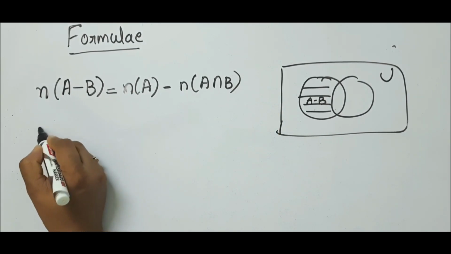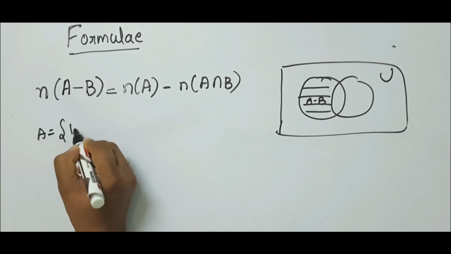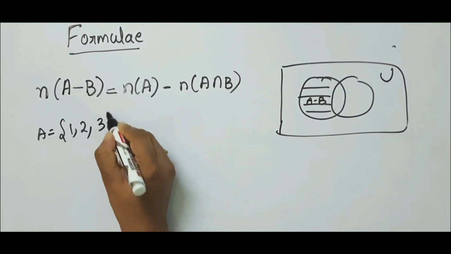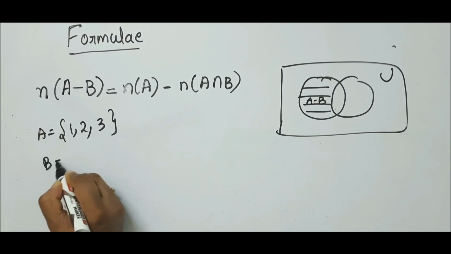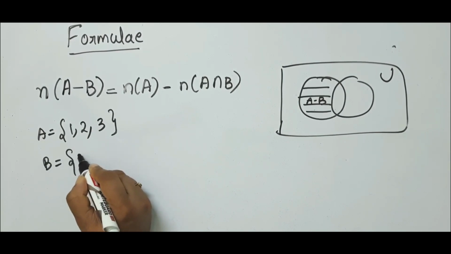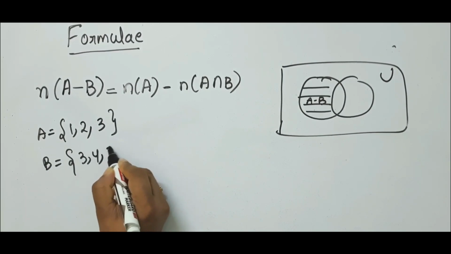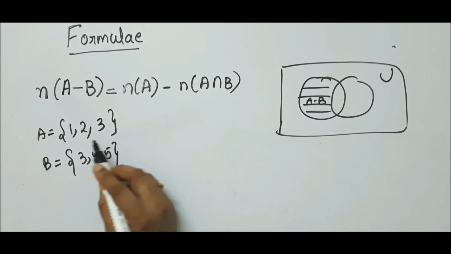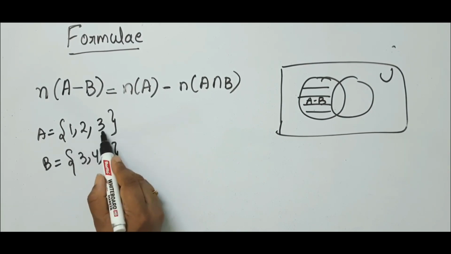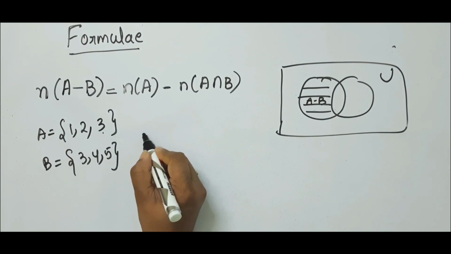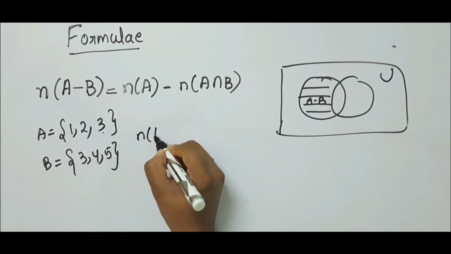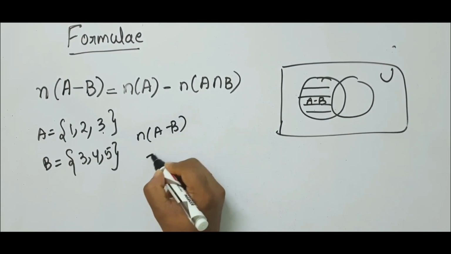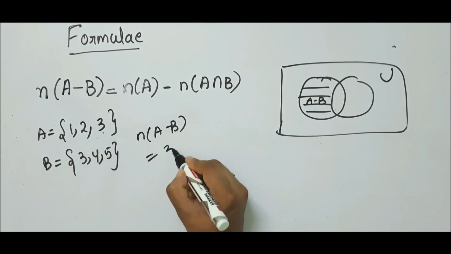Understood? So suppose you have a set A is equal to 1, 2, 3 and B is equal to 3, 4, 5. Then the elements in A are 1, 2, 3. So just write down here. If you want the number of elements of A minus B, just count the elements of set A, which is 3.